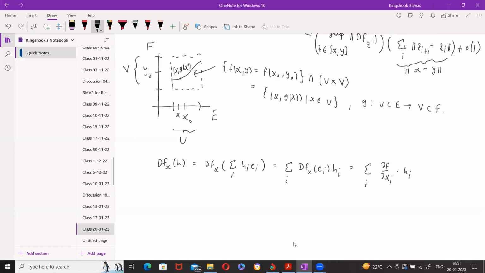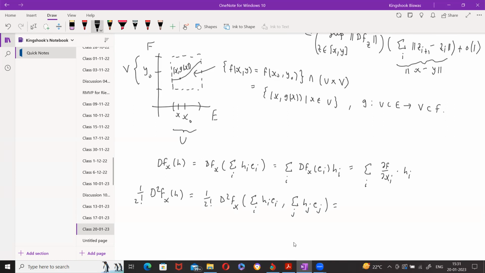Now, similarly, if you take the second term, 1 over 2 factorial d squared f_x at h, this will be 1 over 2 factorial d squared f_x applied to summation h_i e_i, sum over i, and sum over j, h_j e_j.